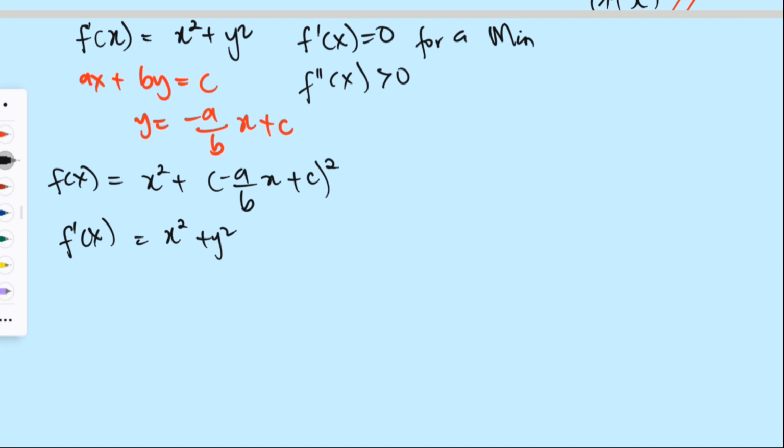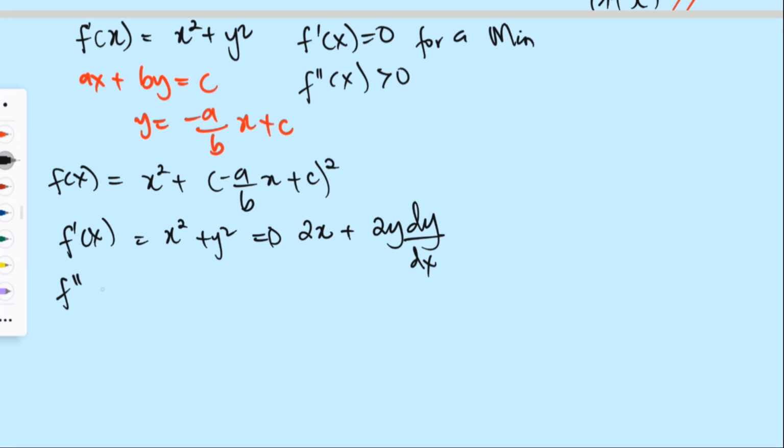So in this case, to differentiate implicitly, since it's with respect to x, it means it's the power of x that will be decreasing. So this will be 2x plus 2y dy by dx. That is the derivative implicitly.